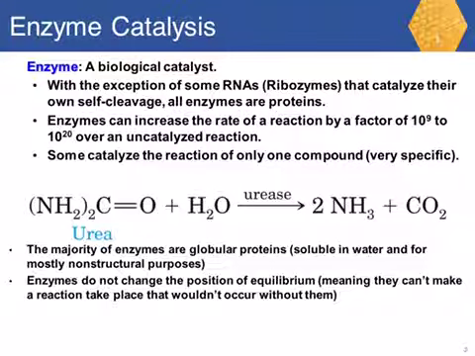The majority of enzymes are globular proteins. We went over this in the last unit, which means that they're soluble in water, and they're mostly used for non-structural purposes. So basically, most of the enzymes that we're going to talk about are considered globular proteins.